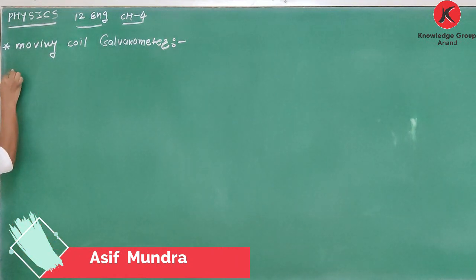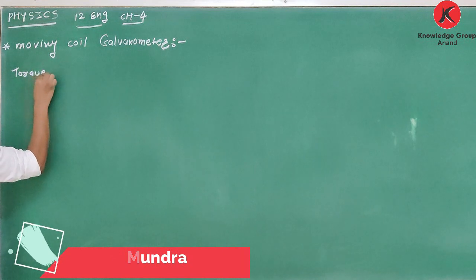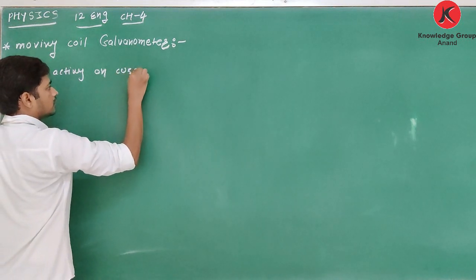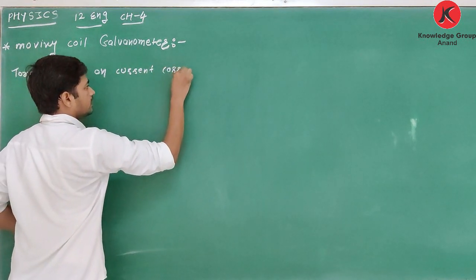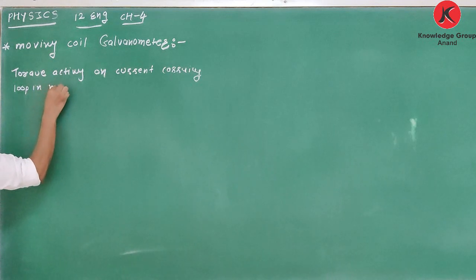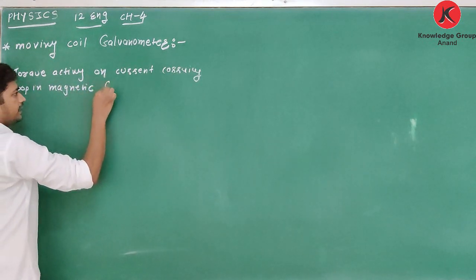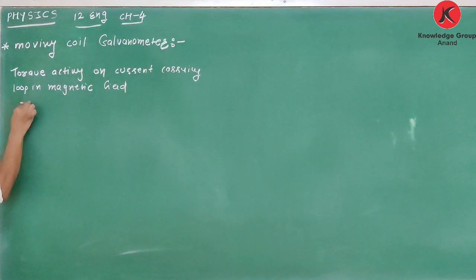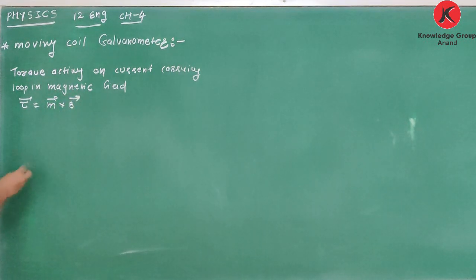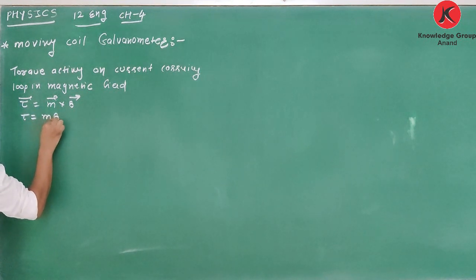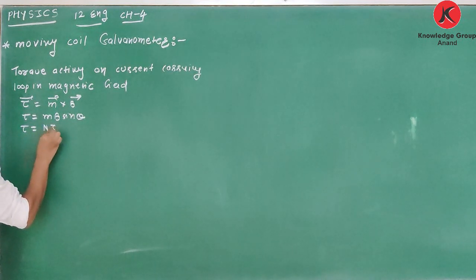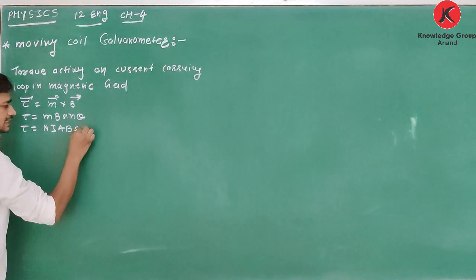Torque acting on a current carrying loop in a magnetic field is given by tau equals m cross B, or I can write its magnitude as tau equals mB sin theta, or tau equals m, the magnetic moment, which is I A, times B sin theta.